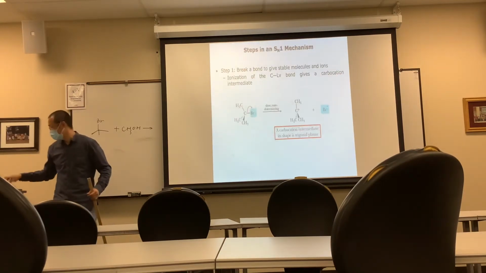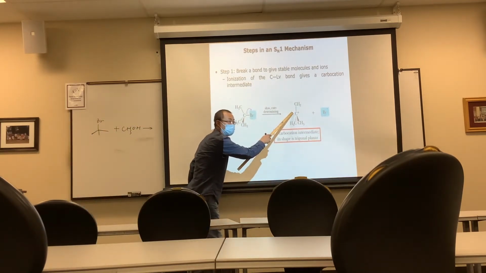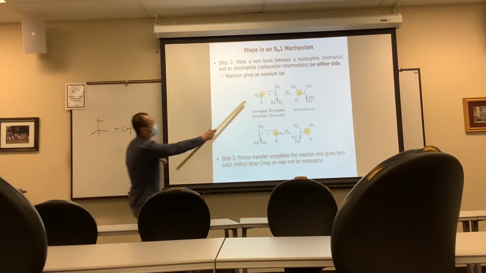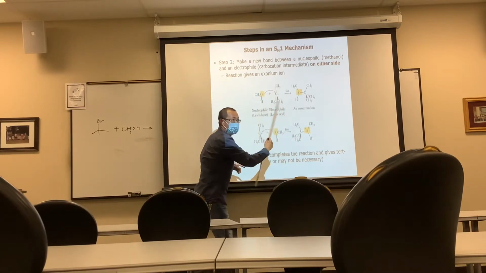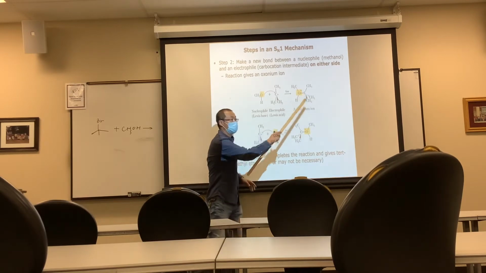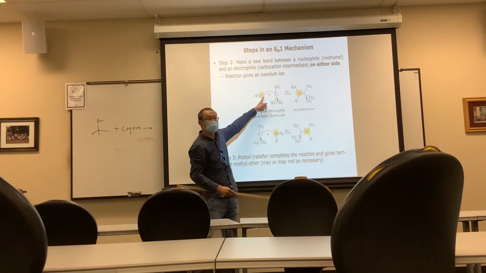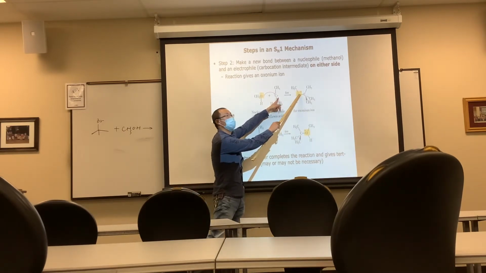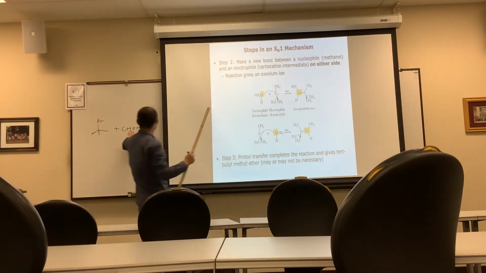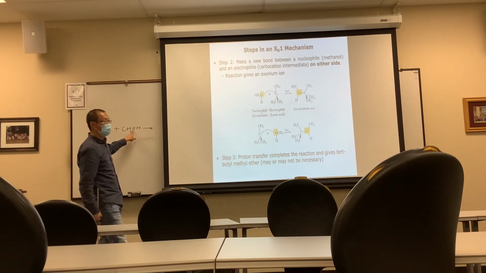The Br leaves to give you a carbocation. And then this methanol attacks from either side of the carbocation, because the carbocation is flat, it's planar, to give you an oxonium ion. Why? Because this is neutral. If it is neutral, you use a pair of electrons to make a bond, then this guy has to be positive. Then the third step, of course, is somebody removes a proton. Somebody means another molecule of this guy. The oxygen is a base, it can remove a proton. Does it make sense, guys?